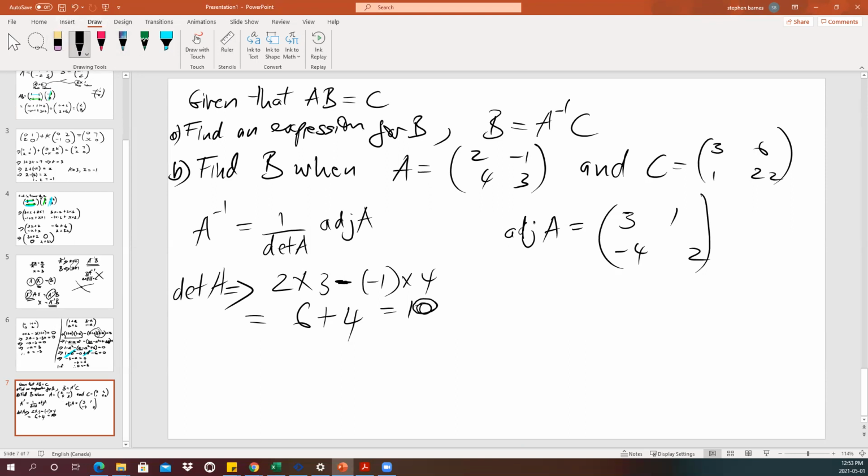So A inverse is 1 over 10 multiplied by [3, 1; -4, 2].